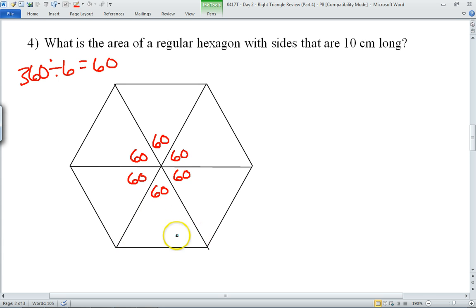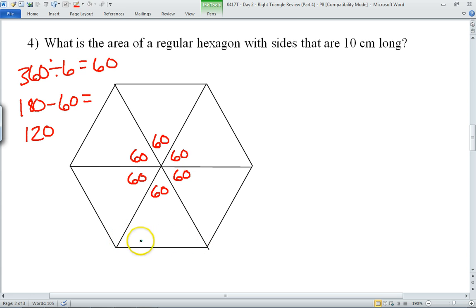You might guess that both of these angles are going to be 60 as well, because it sort of looks like an equilateral triangle. And in this case, you'd be right, but let's go ahead and prove that. If this is 60, if you did 180 minus 60, what does that leave? That leaves 120.